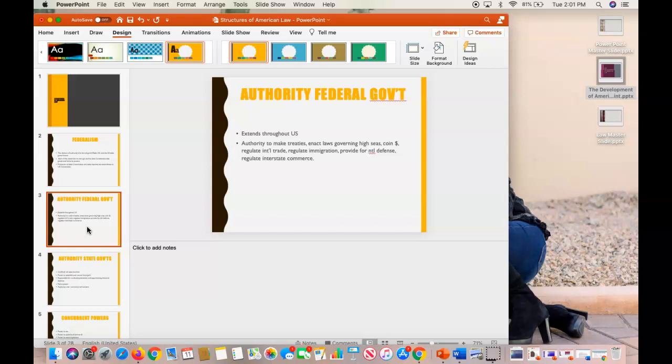It has the power to perform acts which affect the nation, such as making treaties, enacting laws governing high seas, coining money, regulating international trade, regulating immigration, providing for the national defense, regulating interstate commerce, and more.